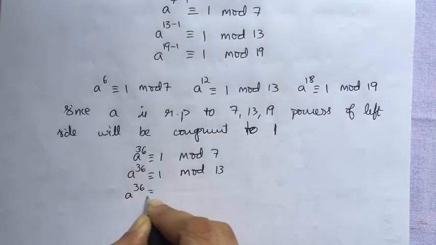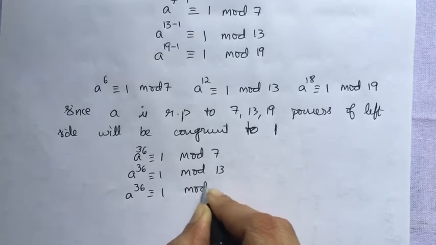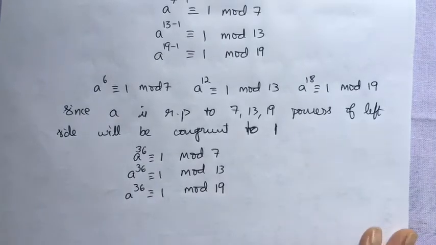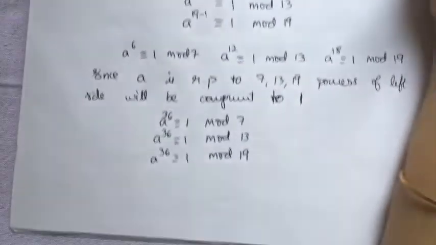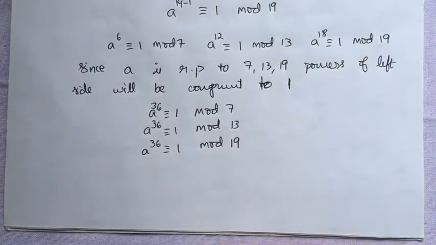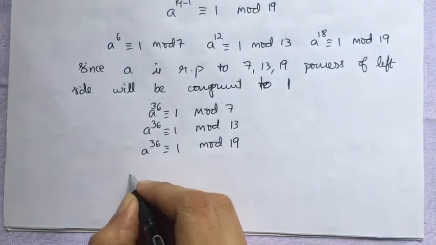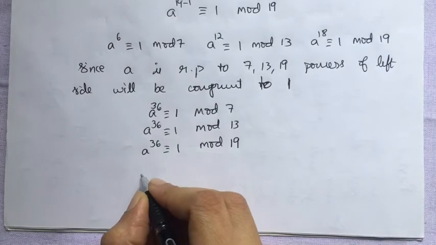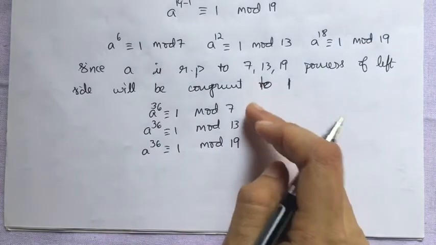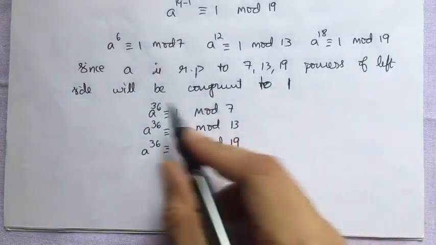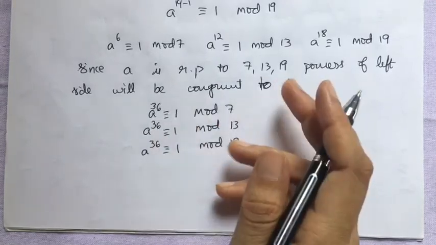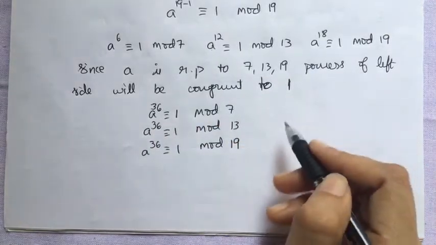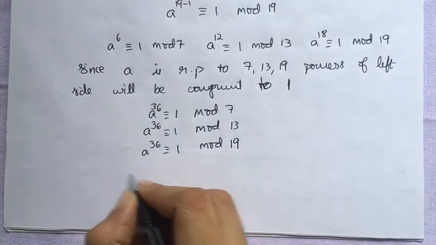Similarly, a power 36 is congruent to 1 mod 19. So I'll multiply all together. If I multiply everything by a, so that I get a power 37, we'll multiply each congruence by a.